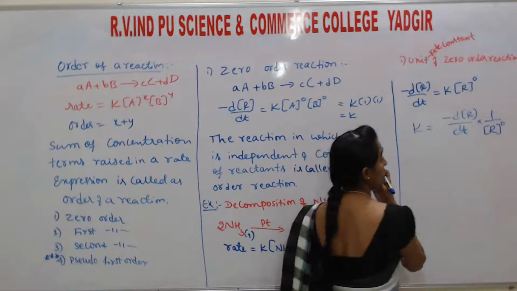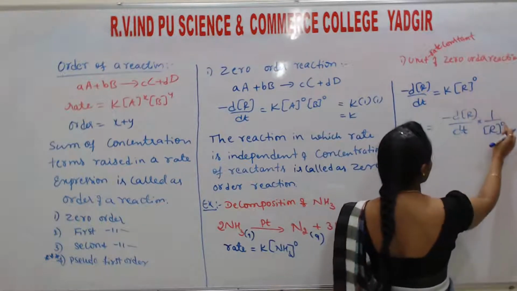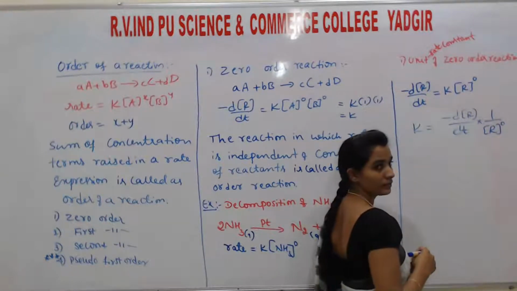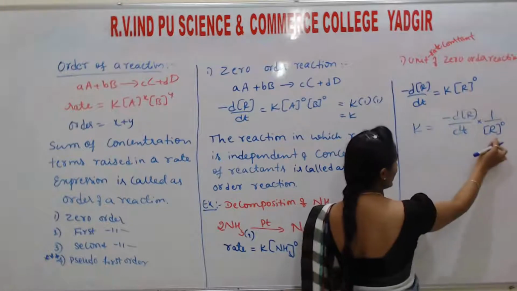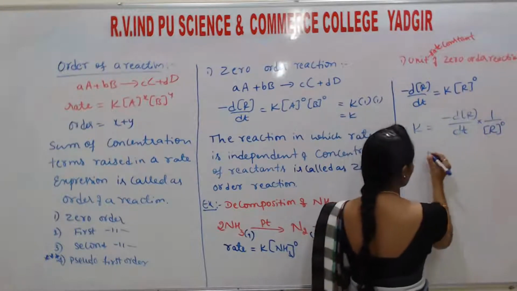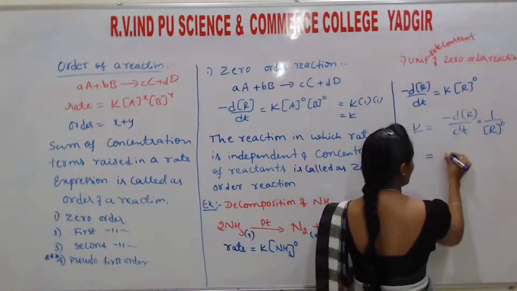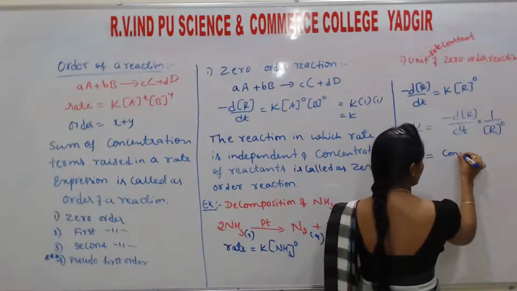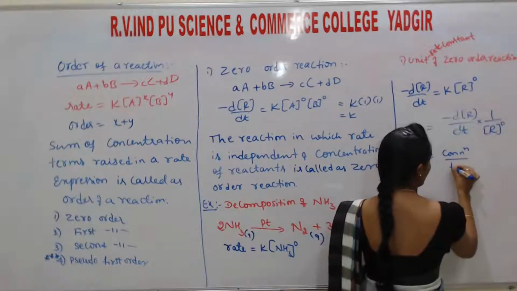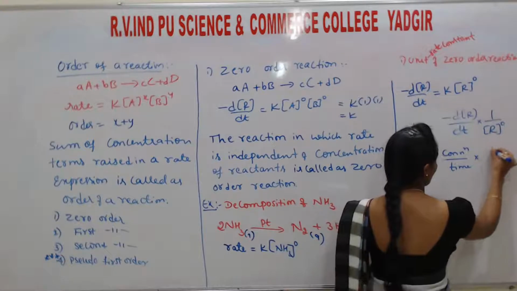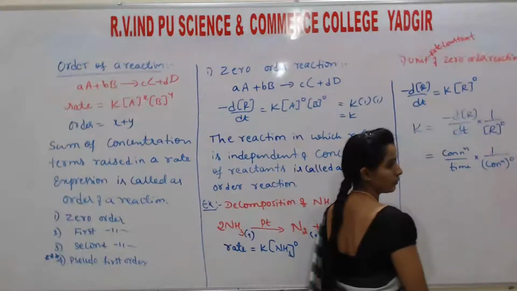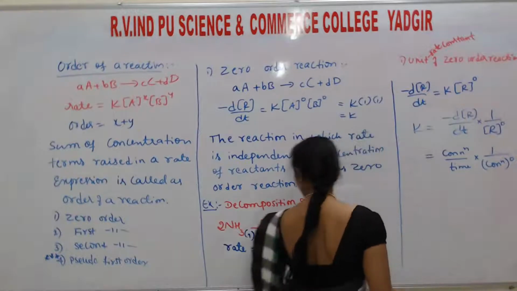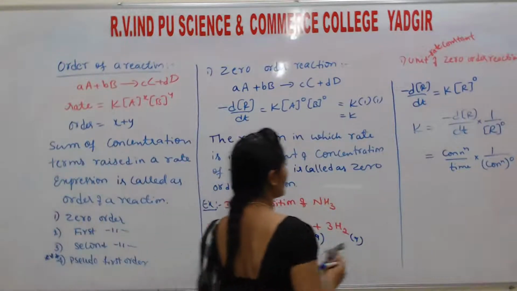Correct? So if it is the n order reaction, you take n. Understand? Here I am taking 0. So here dR means concentration divided by time into 1 divided by concentration to the power 0. Correct? Or if you have to write completely.